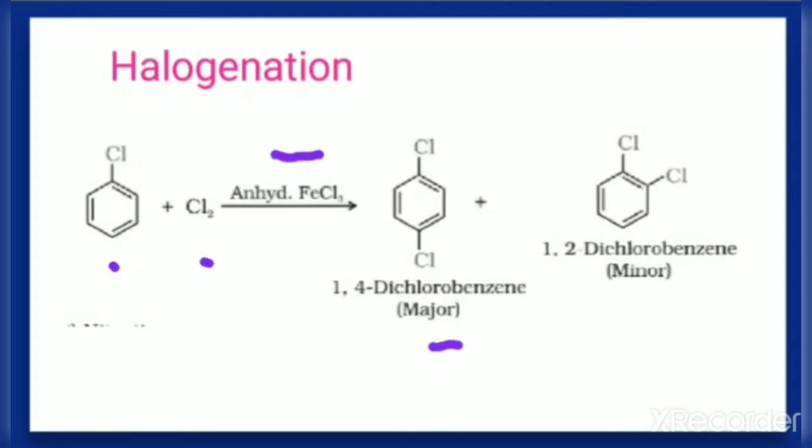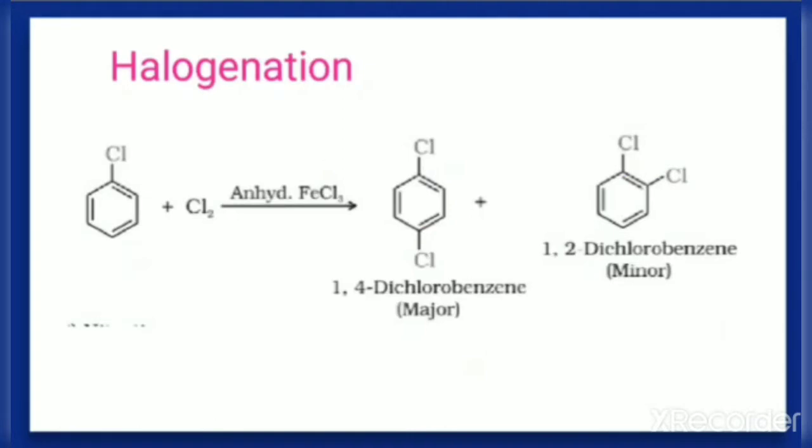One product is 1,4-dichlorobenzene, the other one is 1,2-dichlorobenzene.